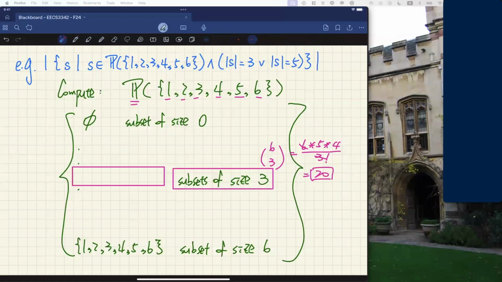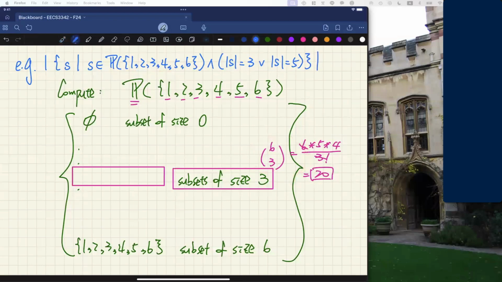Basically, I'm saying get all the subsets that are in the power set, right? And then the subset should be included in the final set as long as its cardinality is either 3 or 5. Of course, one way to do it will be brute force. You have to enumerate out all the subsets from here that are of cardinality 3 or 5. But you can also use the choose operator, like over here, right?